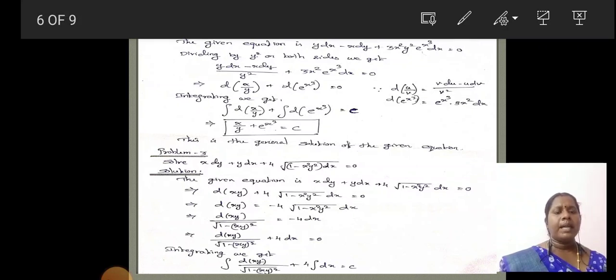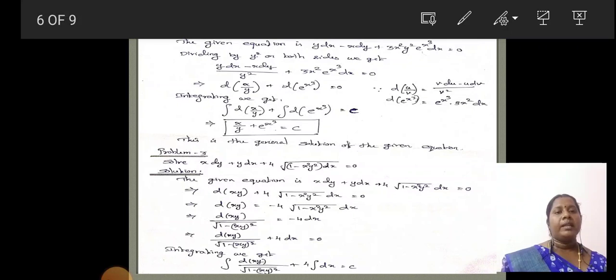Now separate the terms containing xy and d of xy on the left hand side and the terms containing x and dx on the right hand side. We have d of xy by root of 1 minus xy the whole square equal to minus 4 dx, which implies d of xy by root of 1 minus xy the whole square plus 4 dx equal to 0.